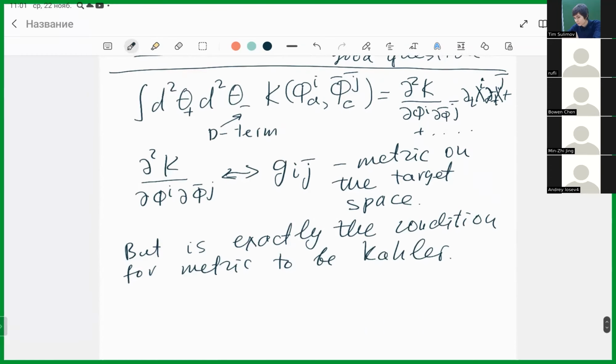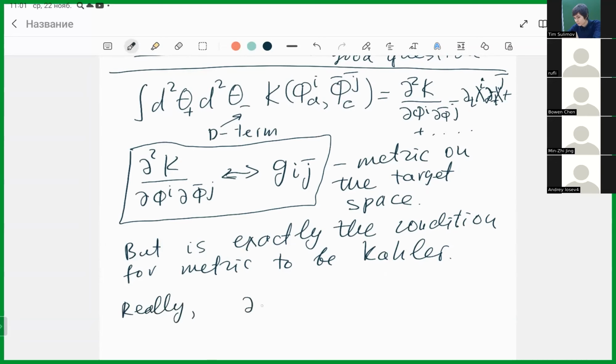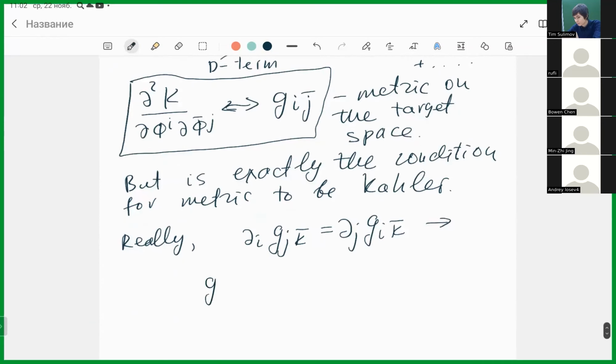So I'm coming to where I started from. Really, di gj k bar equals dj gi k bar implies that g is di of something, of some vk bar.